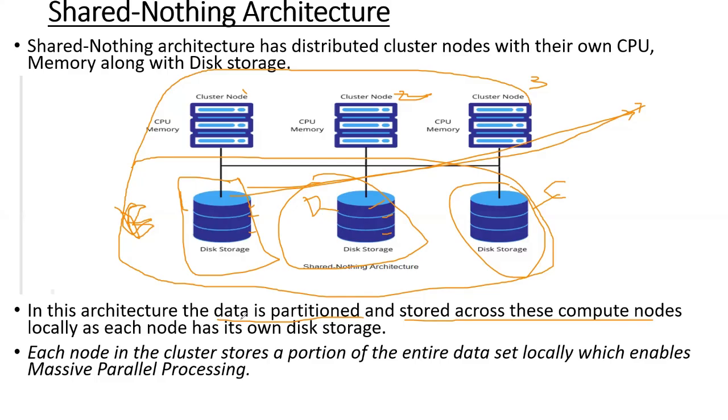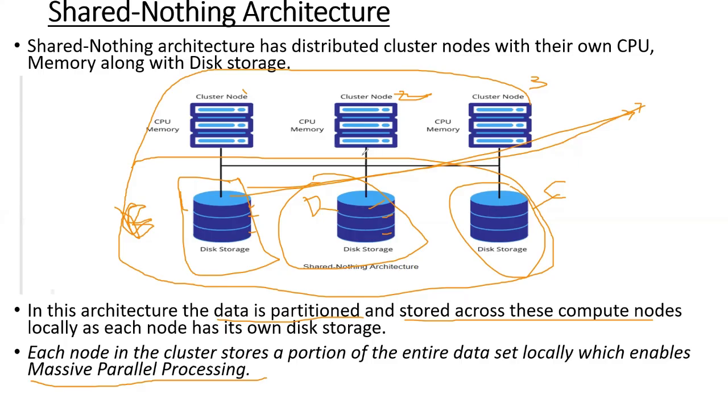This is called data partitioning, and it is stored in these compute nodes. The process of scanning the data and giving the output from the partitioned data is called massively parallel processing.